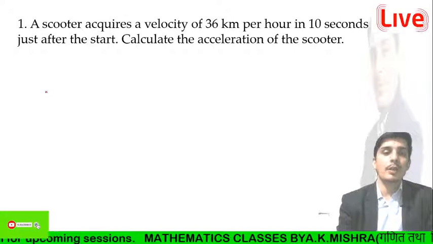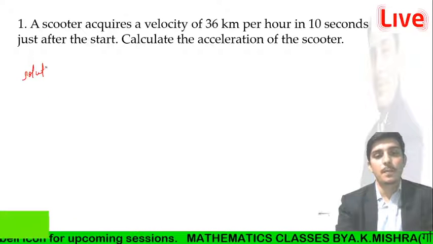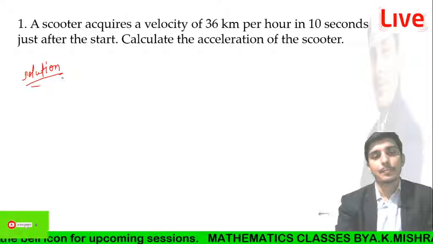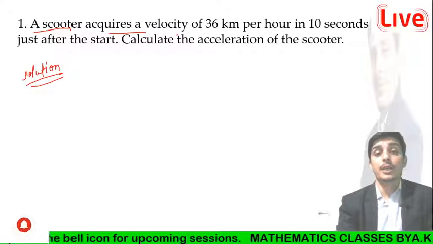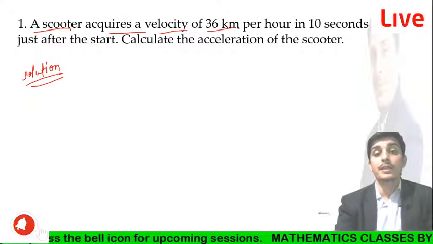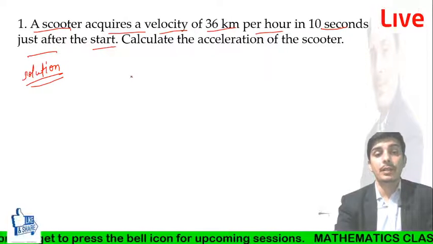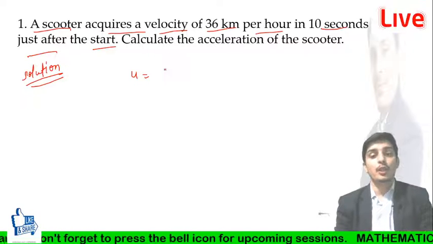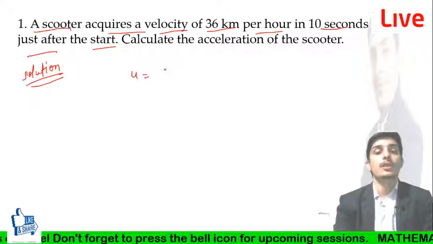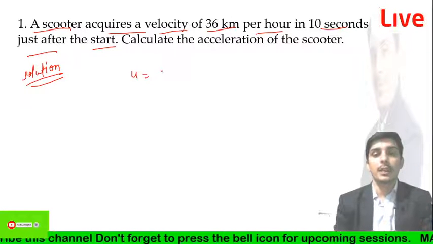The question is: a scooter acquires a velocity of 36 km per hour in 10 seconds just after it starts. So after it starts, it means from this question you get the information that the object is at rest at the start.